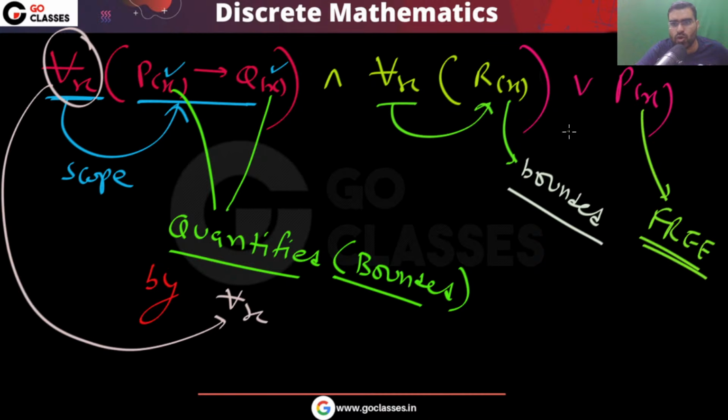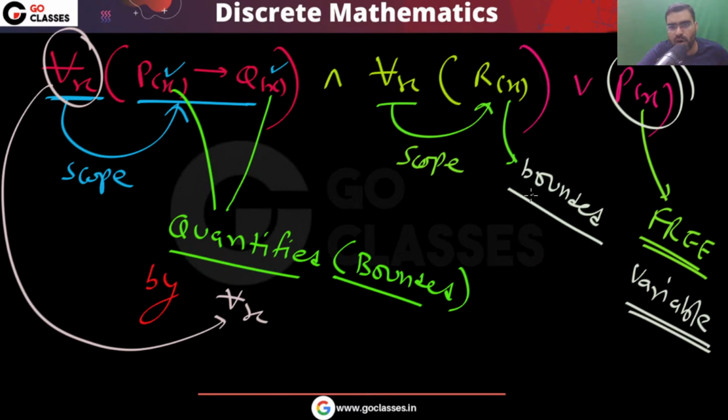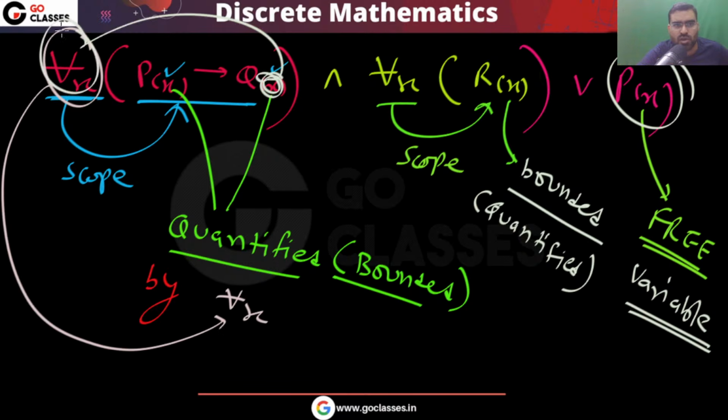This x is not bounded by anyone, because this is the scope of this quantifier. So this x is a completely free variable. This is called a free variable because it is not quantified by any quantifier. Bounded means quantified. This x is quantified by this quantifier.